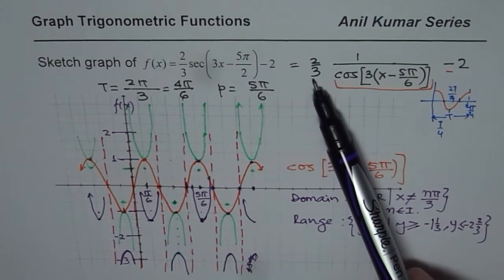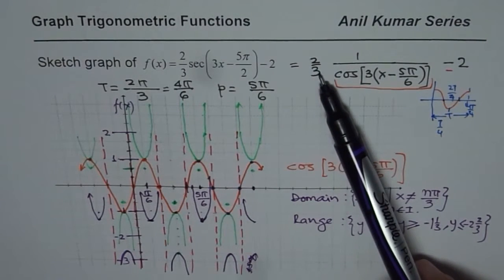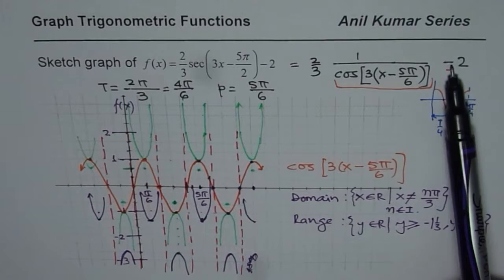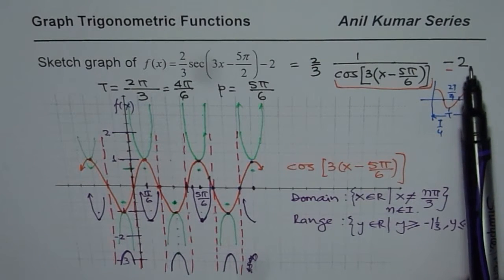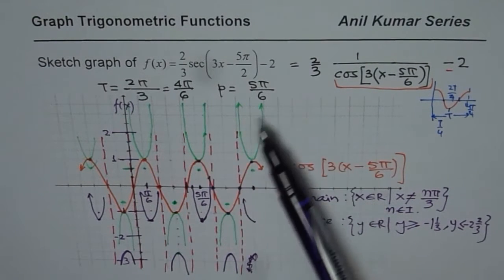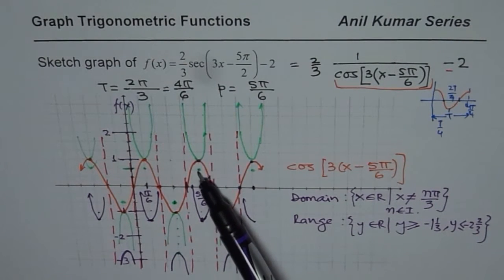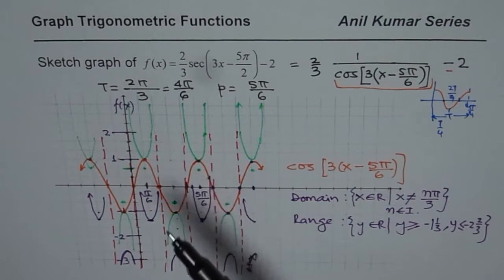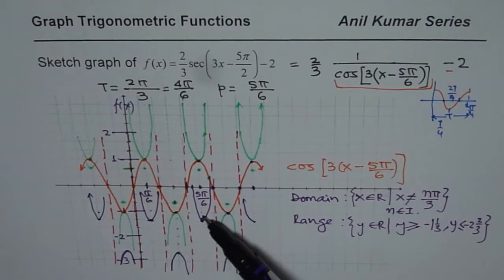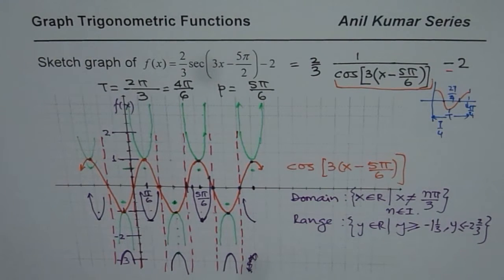And then you do a vertical stretch by a factor of 2 over 3 and a translation by minus 2. 1 times 2 over 3 is 2 over 3, so that point comes here, the local minimum in this case, and then you translate it 2 units down to get the final result, which is shown here in this color. That is how you have to do it, right? And get your answer as we have done.